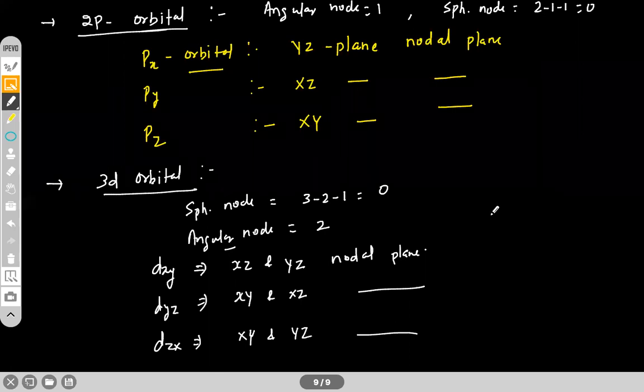One exception we have, write down: the dz square orbital does not have any nodal plane.